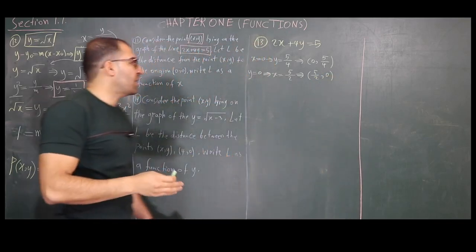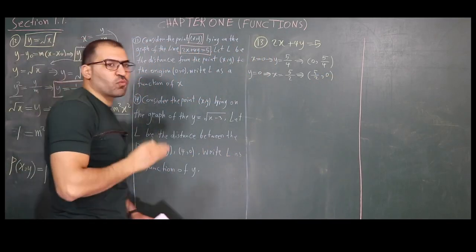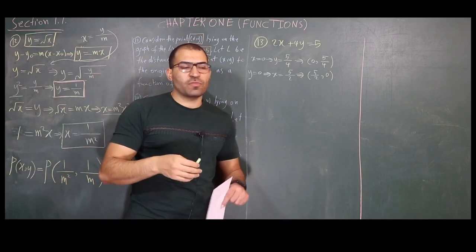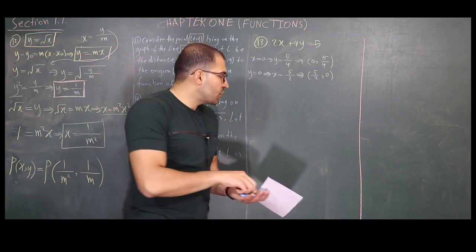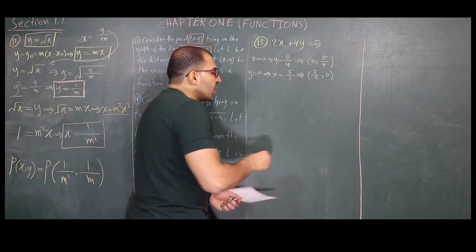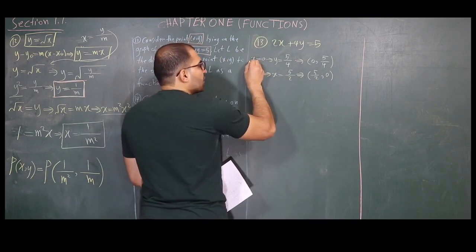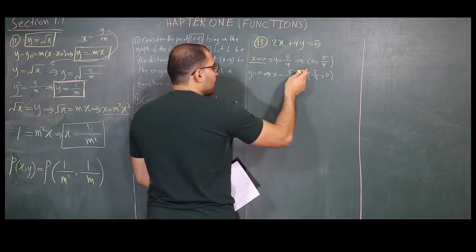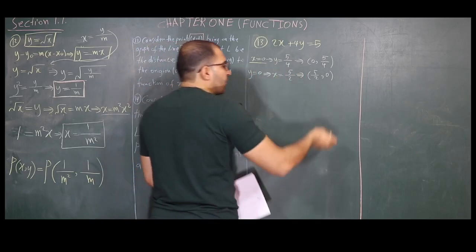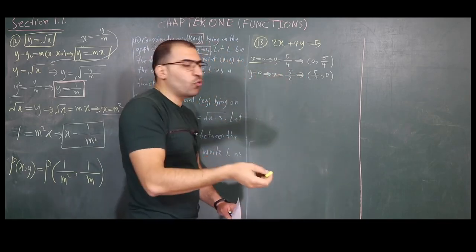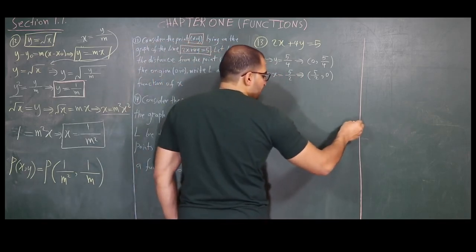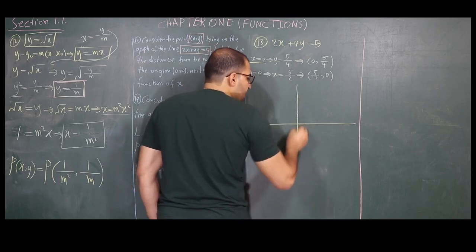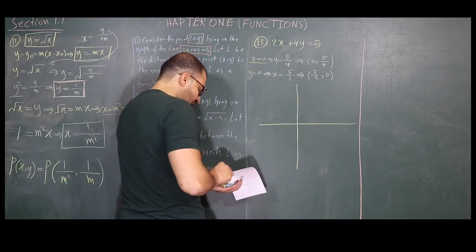We don't need to plot. He didn't ask us to plot, but I just wanted to plot it to make the solution clear. If you want to plot a line, just take x as 0 and find y, and then take y as 0 and find x, and the result will be 2 points. Each point intersects with one of the axes, so it will be easy.